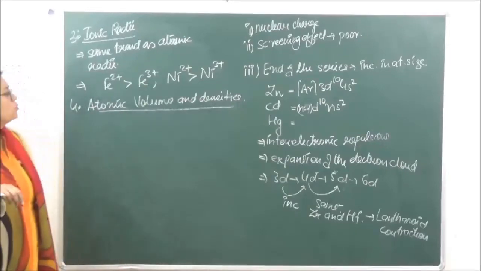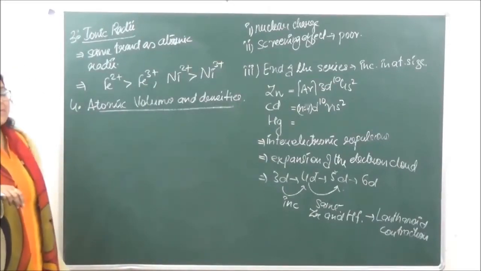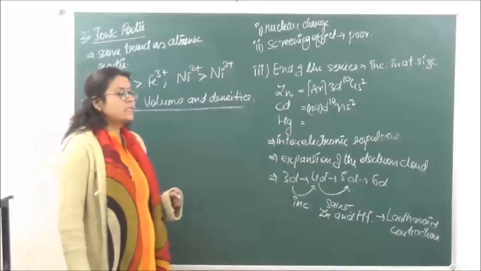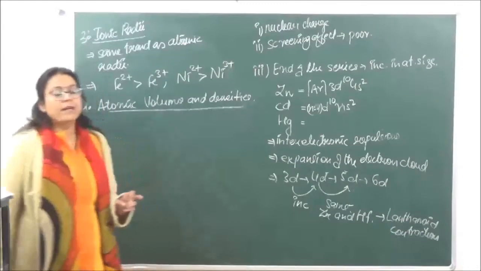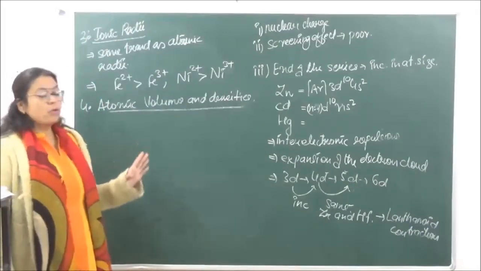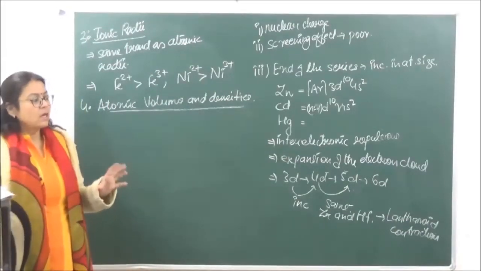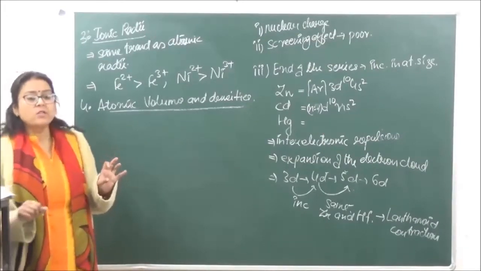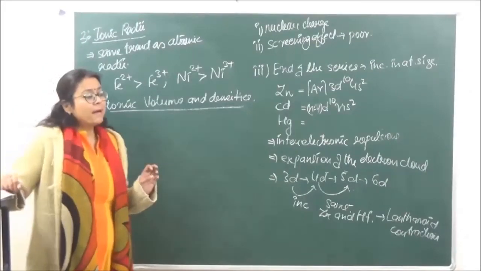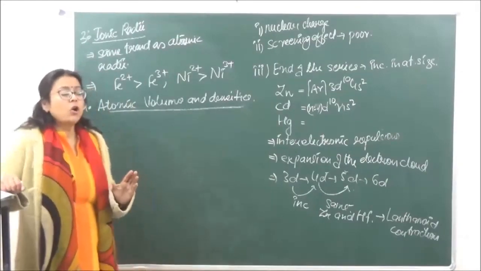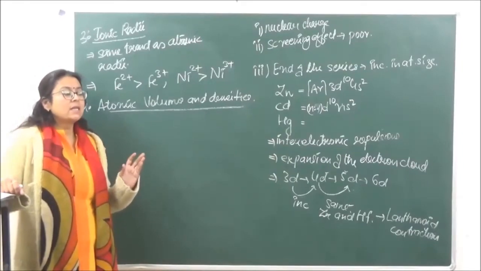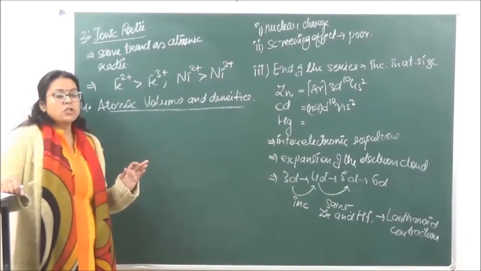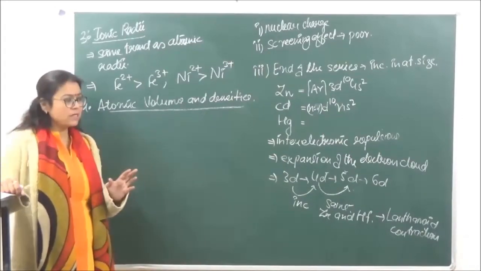Now atomic volumes, we know that whenever we are talking of atomic volume, the volume is going to depend upon the radius. ओके, सो रेडियस के ऊपर अगर डिपेंड करता है, एटॉमिक रेडियस के ऊपर डिपेंड कर रहा है वॉल्यूम, तो हम क्या बोल रहे हैं कि when we are traveling along a series the radius will keep on decreasing, isn't it? So what should happen to volume? Volume should also decrease, right?